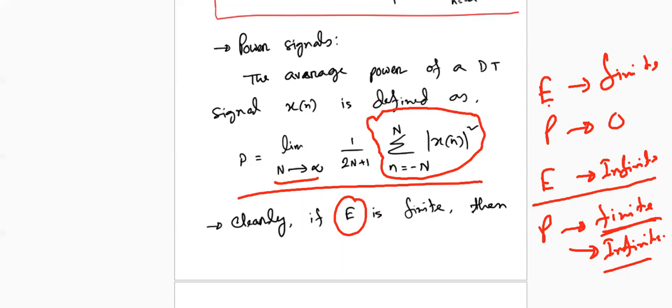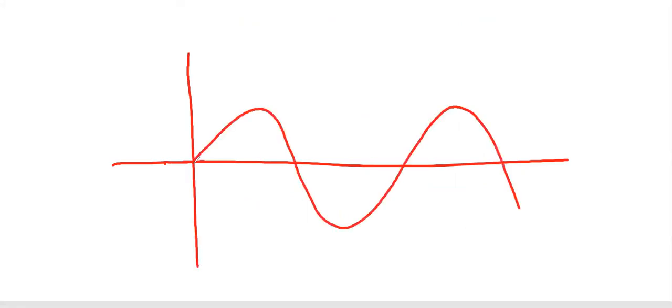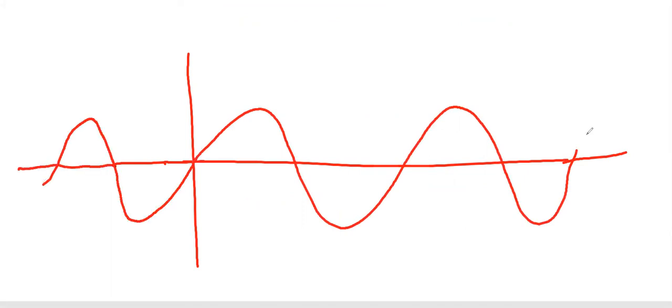For example, if you have a signal like this, a periodic signal from minus infinity to plus infinity, okay? I'm putting dot, dot, dot, so that it means it starts from minus infinity to plus infinity.